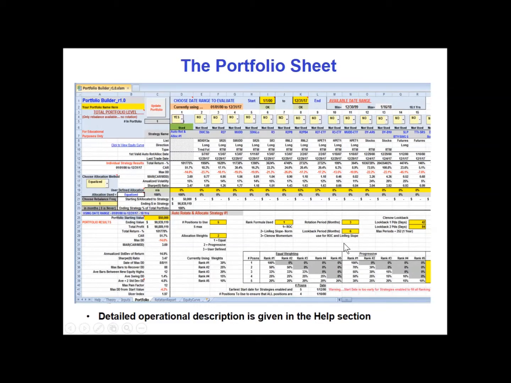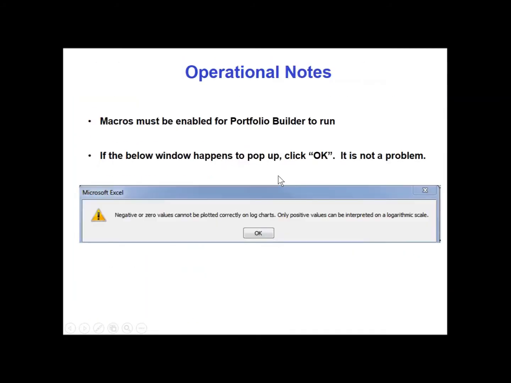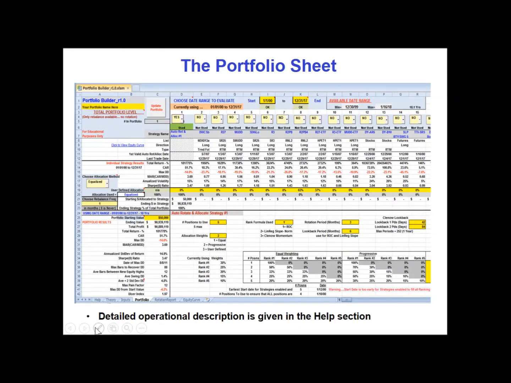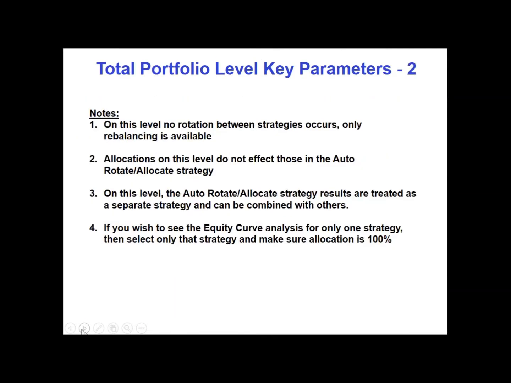So you just have to be a little careful. Just remember, anything prior to the date at which the strategy has valid data on your equity curve, either that strategy won't be used, or you could get some strange problems. So be a little careful.